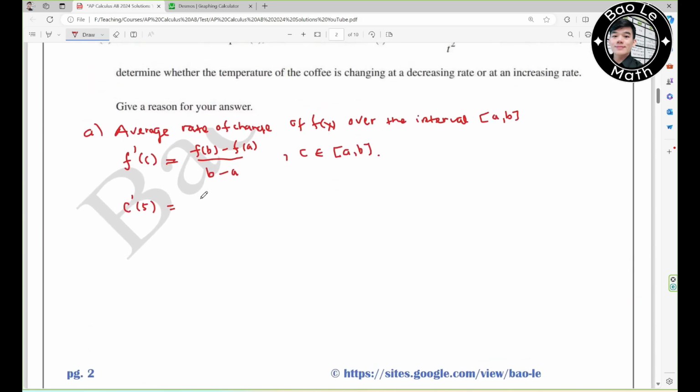So we substitute: C of 7 minus C of 3 over 7 minus 3. C of 7, 69 minus 85 over 4. 69 minus 85 is negative 16. Negative 16 divided by 4 is negative 4. So negative 4 degrees Celsius per minute.